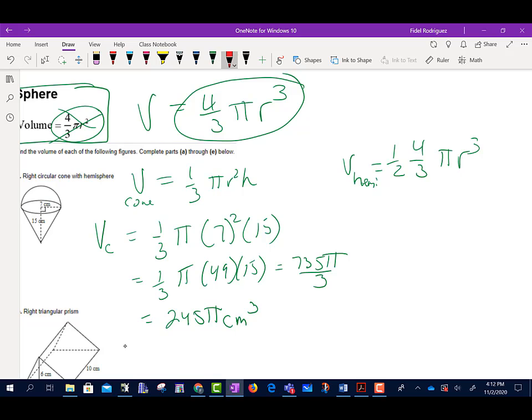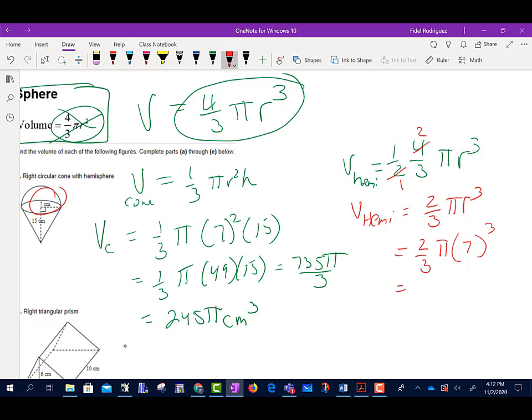Okay, so this 2 will cancel with this 4 and give me a 2 here. So the volume of my hemisphere is going to be 2/3 pi r to the third. So this is going to be 2/3 pi. We said our radius in this case was 7, so this is 7 raised to the third power.